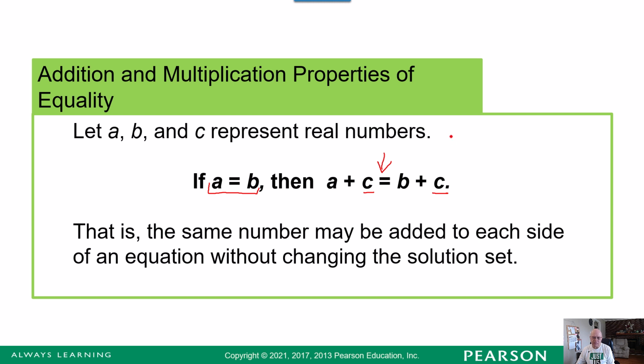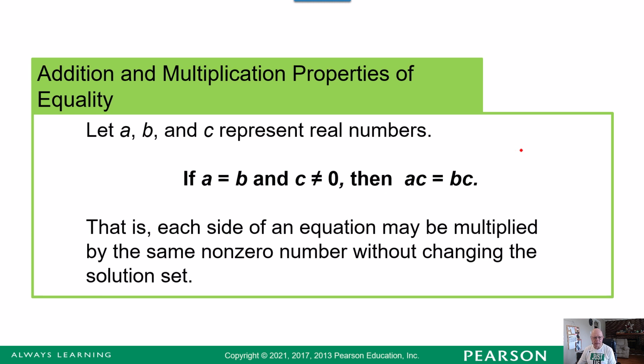So if you have x plus 2 equals 9, and we add 6 to both sides, x plus 2 plus 6, and 9 plus 6, it's still equal. No problem. Add the same number to both sides of an equation.